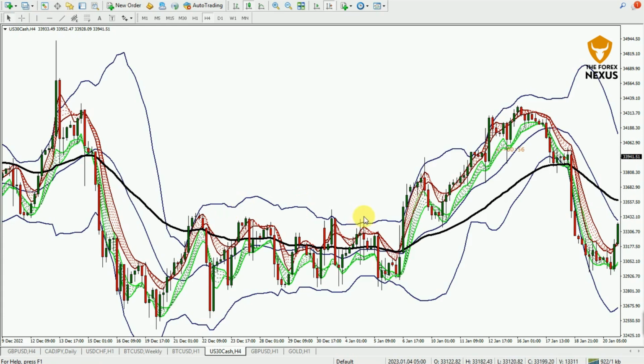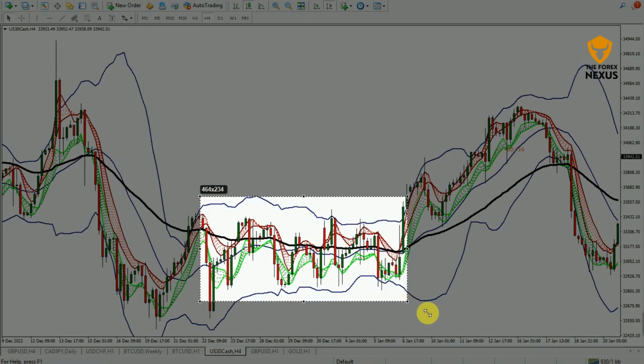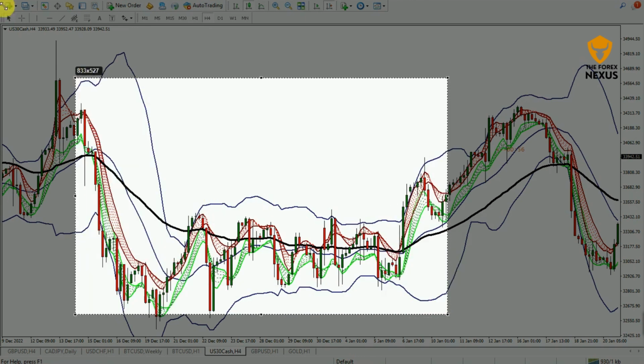The upper BB is flat and the lower BB is also flat, and the middle BB, whose function is to work like a mediator between buyers and sellers. But if all are flat, it means that the market has no direction. The market can't decide to go upside or downside.